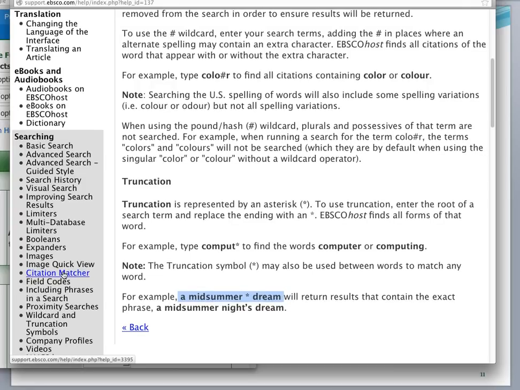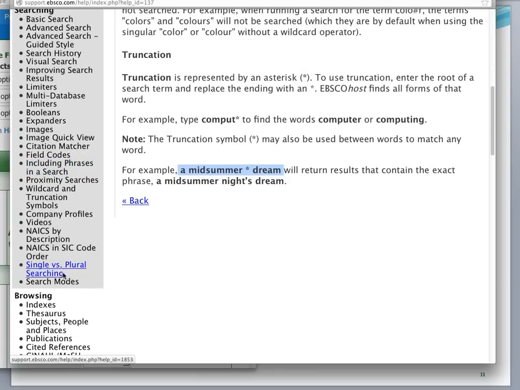Okay. So I just wanted to make sure that you understand that we have many choices, and they may differ a little bit from each of the providers. However, once we understand the basic concepts, it will be very easy to understand how to use them. So for basic search, we have to understand Boolean operators. We have to understand expanders.